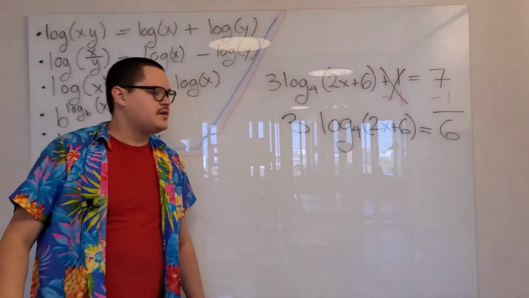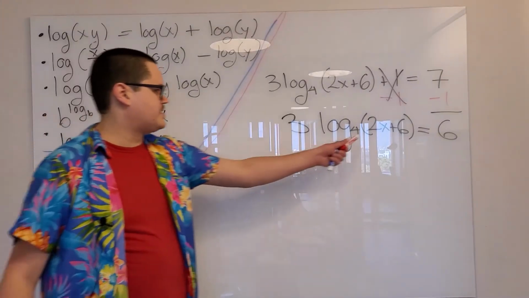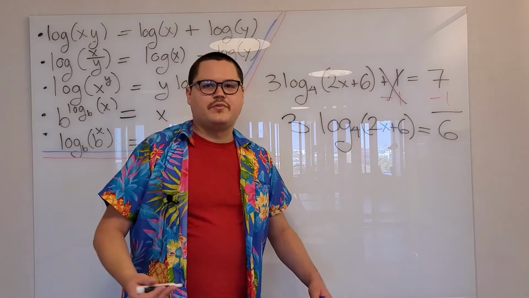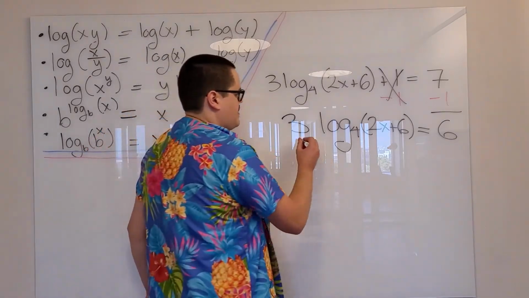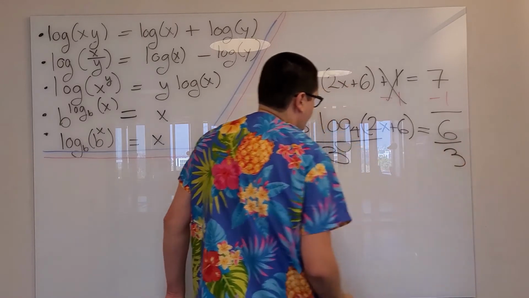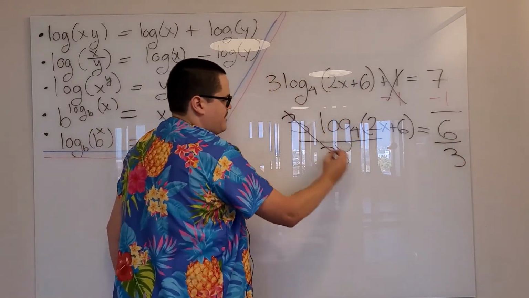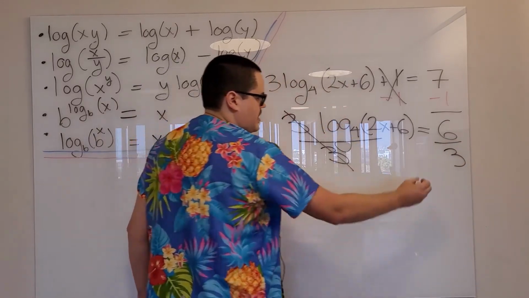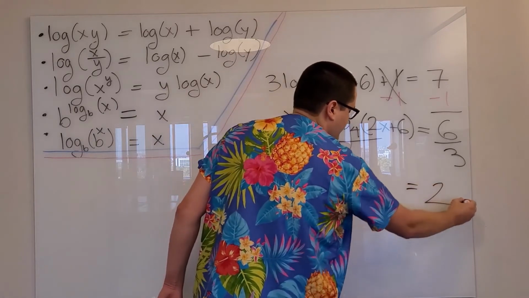Okay. Now how do we isolate this further? We divide both sides by 3. Divide this side by 3, divide that side by 3. Here, the 3's cancel. Here, 6 over 3, that's 2.